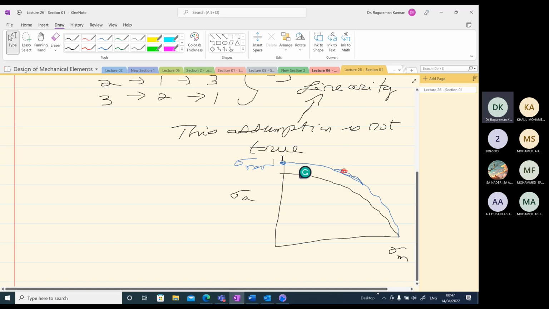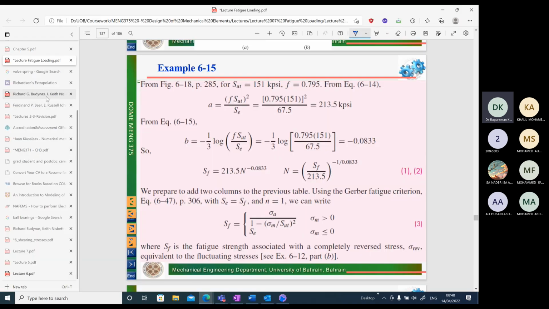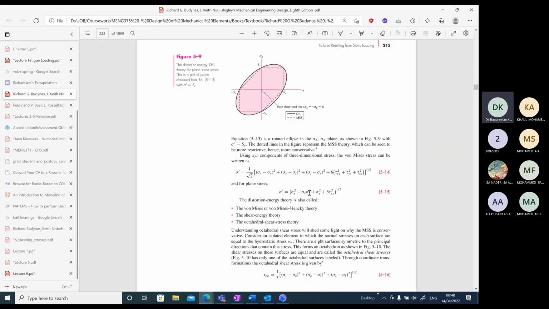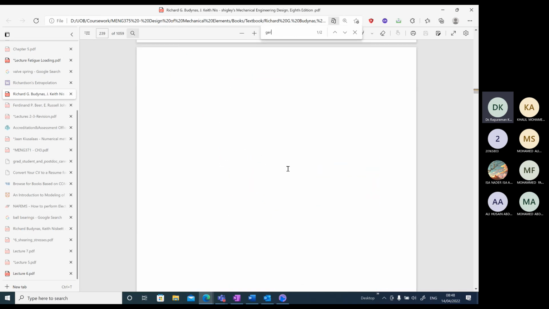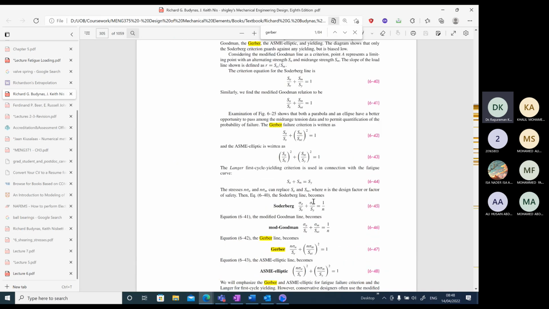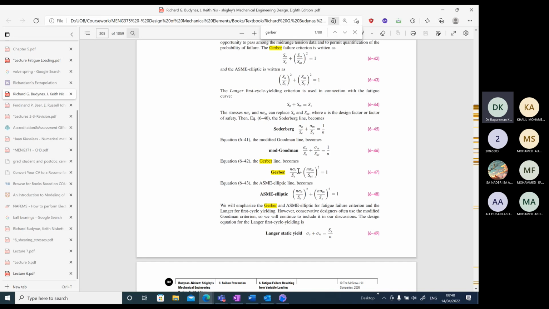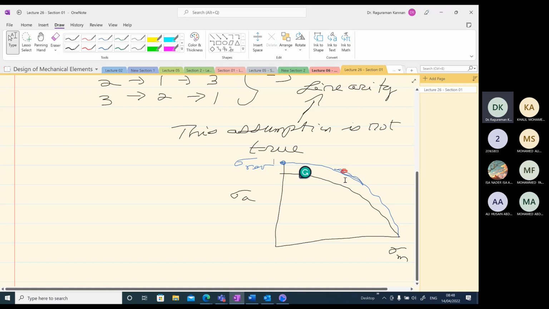I write the Gerber equation. If you go to the book, we can quickly find the Gerber equation. This is the Gerber equation we should use, without the factor of safety or with factor of safety.